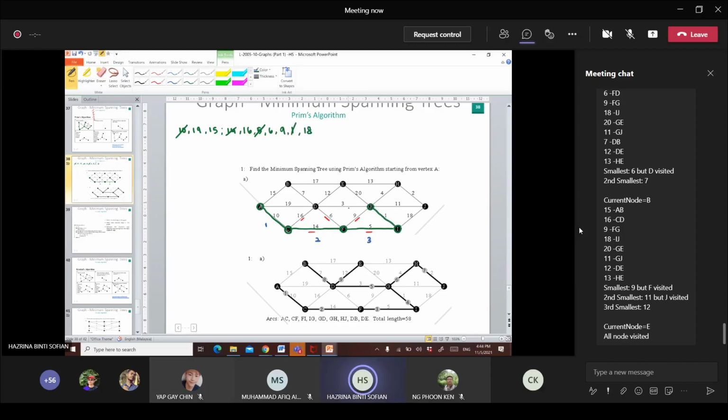G. For G, we cannot consider this 9 because if we take this 9, it will be cyclic. So we can cancel this 9.